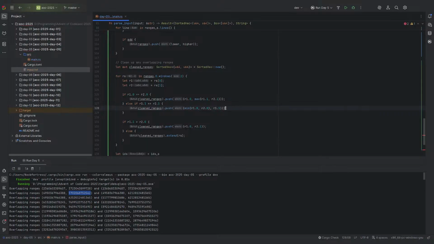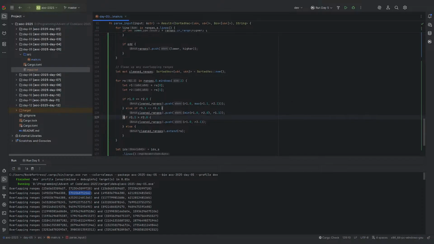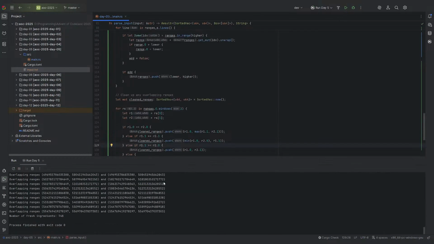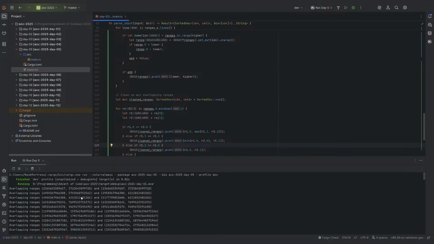Somewhat in vain. Cool, then I can merge them two. Should deal with a lot of the issues. Still producing duplicates, I think.